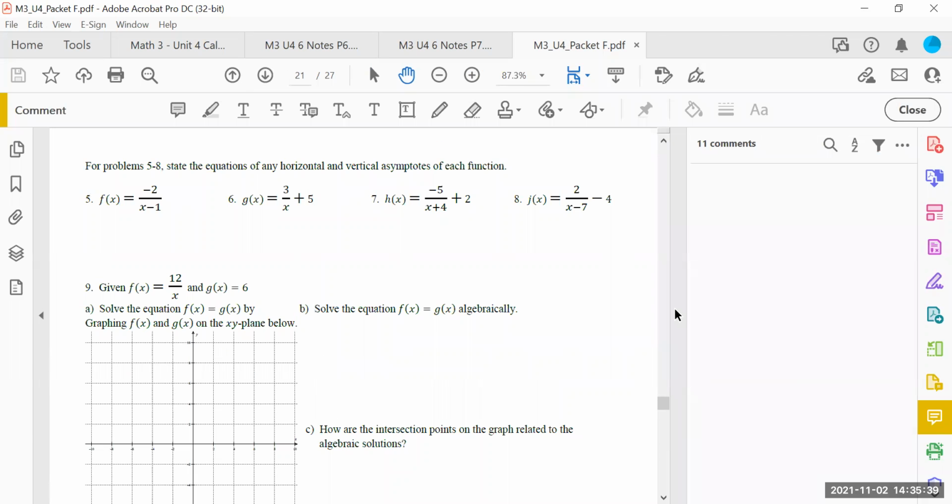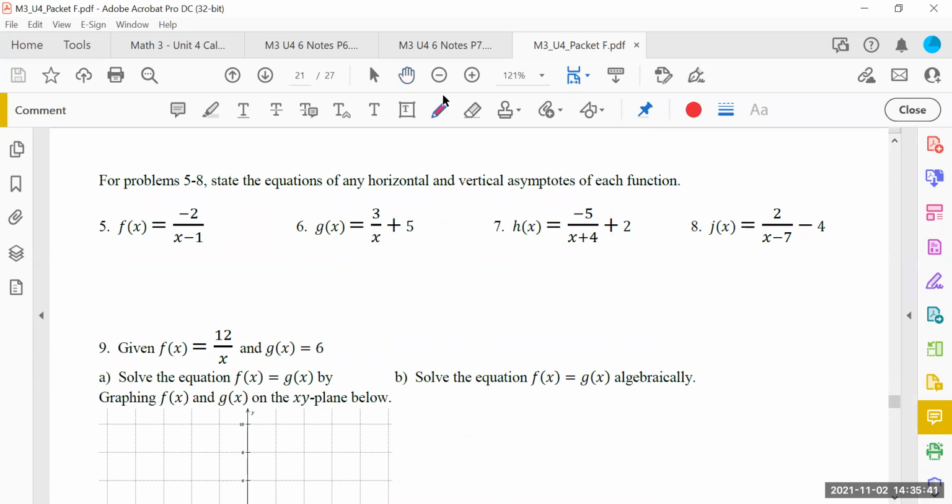Number 8, the vertical asymptote comes from right here. X equals positive 7, the opposite of what's there. That's my vertical asymptote. The horizontal asymptote comes from over here. It is not switched. It's just y equals negative 4.